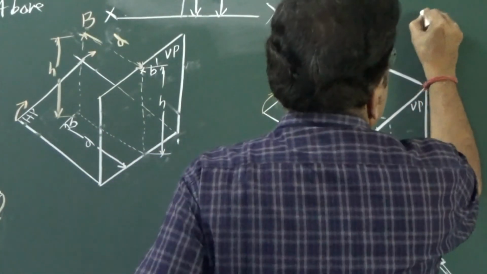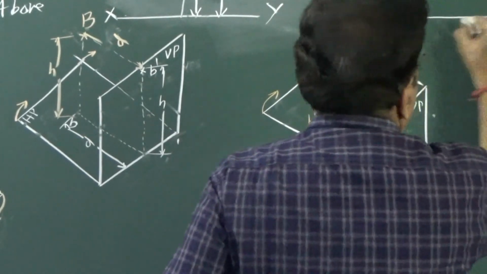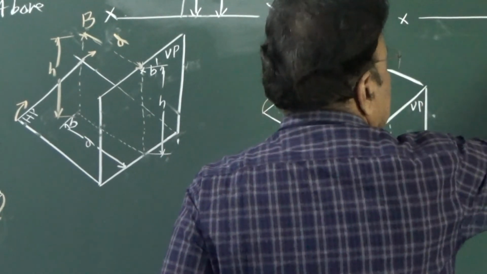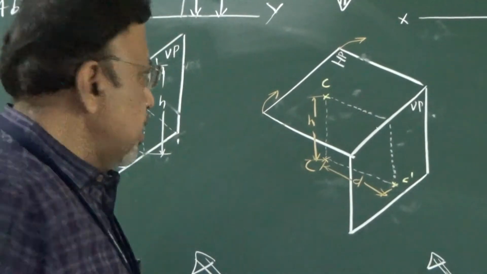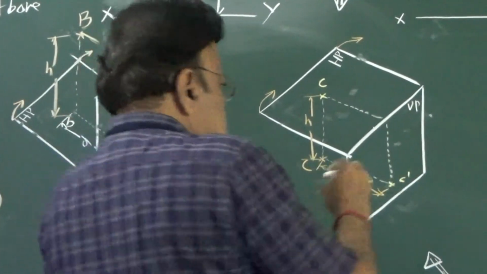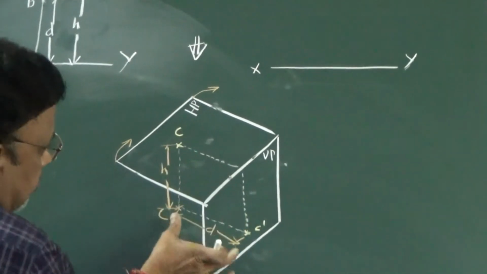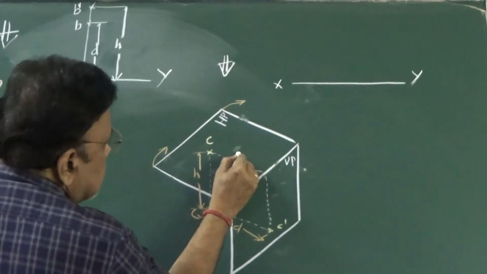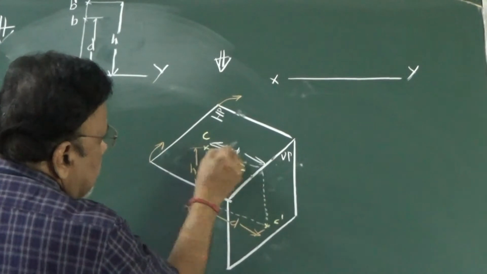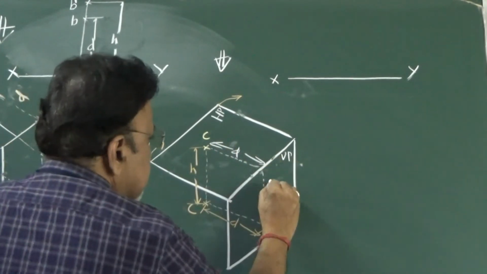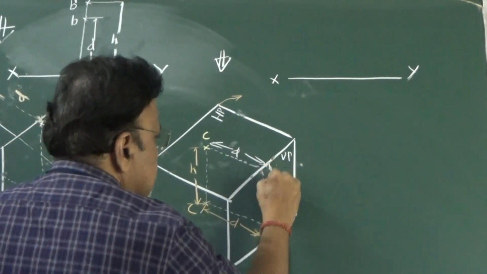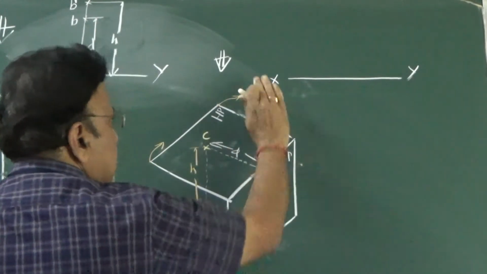So again I am going to show that. Let us say this is my XY line as usual. XY line is the intersection of both HP as well as VP. Now again see this distance. What is this distance? This distance is nothing but D distance. So I can say this is D. What is this distance? H distance. So once I rotate, what will happen?